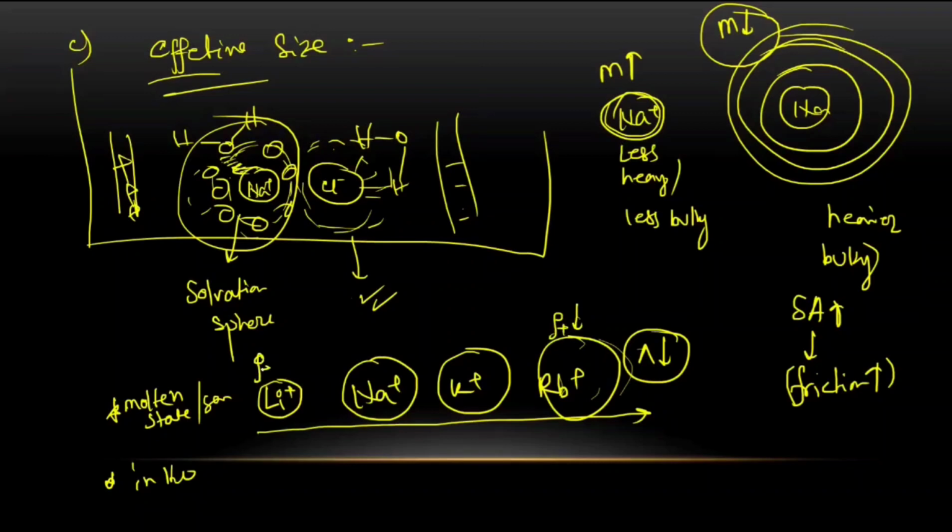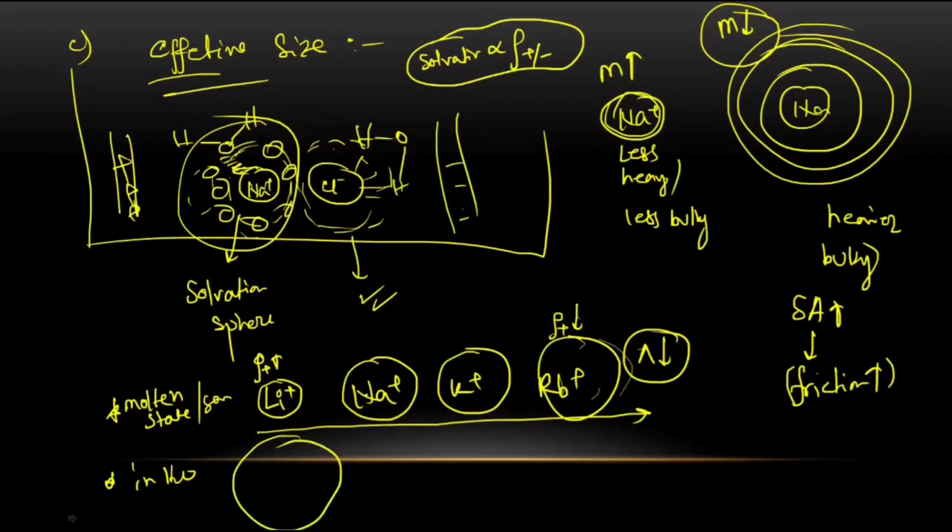Here charge density is more, and solvation is proportional to the charge density of cation or anion. Now here the solvation will be more, so effective size will be larger. Here solvation will be less, so effective size will be lower.